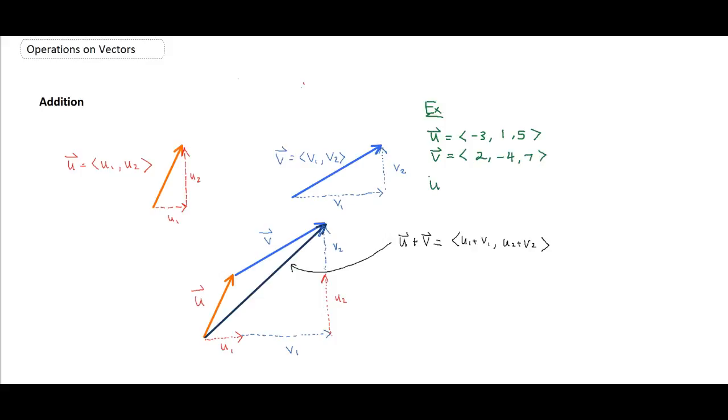Then, what the example is telling us is that we just simply need to add the corresponding components. So the first component of u plus v is going to be -3 plus 2. Second one is 1 plus -4, so 1 minus 4. And 5 plus 7 for the third component. So then we get -1, -3, 12.